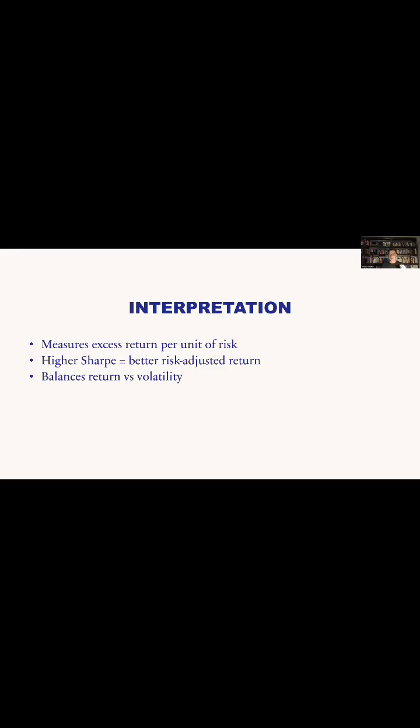Again, if the return is much greater than the actual variability of the portfolio, then obviously from a risk-adjusted return basis, it's very good. It's a way to look at return versus volatility, which is really, really important, especially if you're not only looking at one portfolio, but especially when you're comparing it to other portfolios.